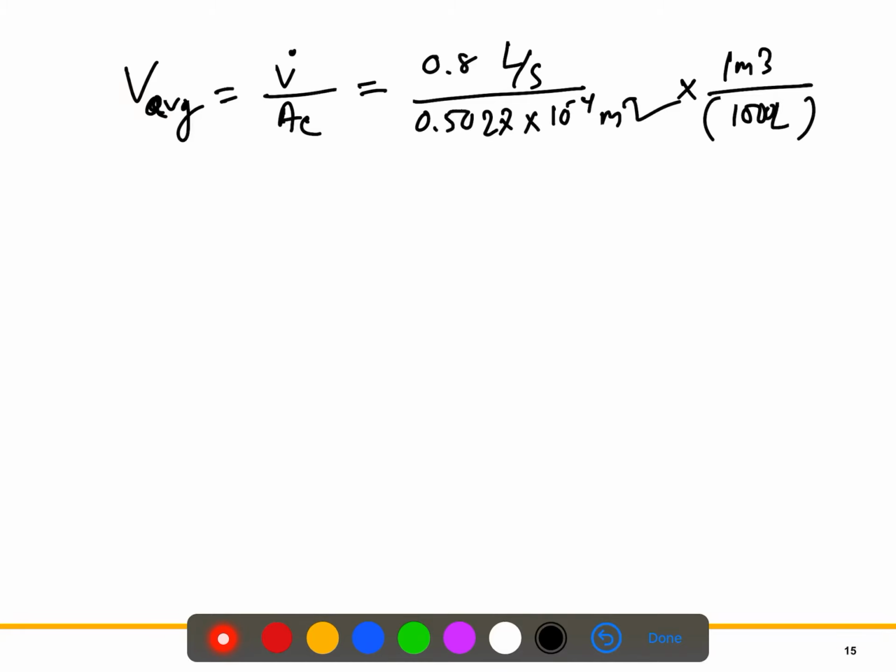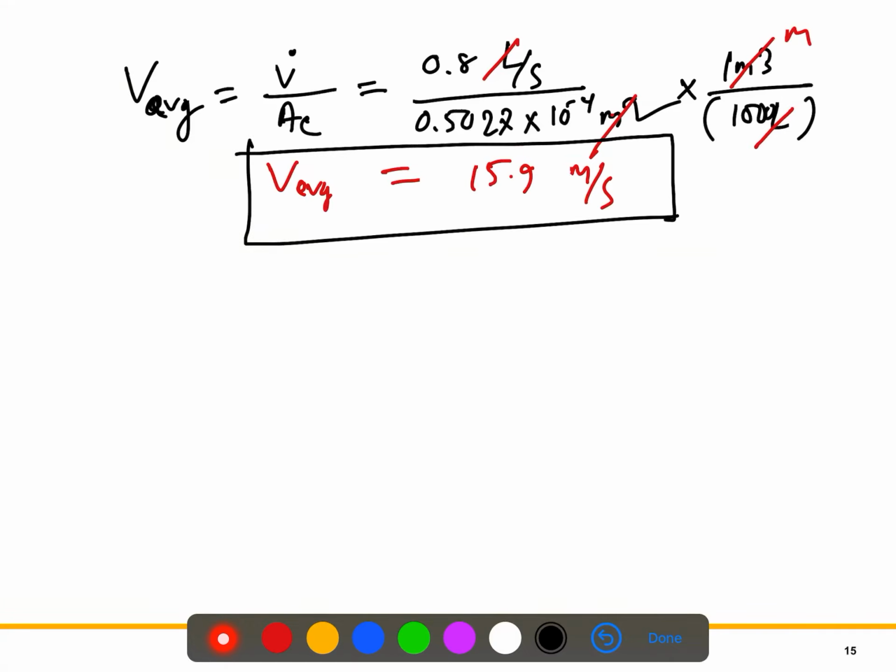It will eliminate the L and L, and the meter cubed over meter squared leaves meter, over second, so the final unit will be meter per second. Here it will be 15.9 meter per second. I'm not going to discuss this unit a lot because I believe you know it. So here you see the average velocity is 15.9 meter per second.